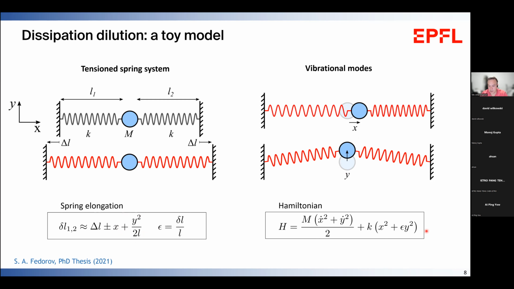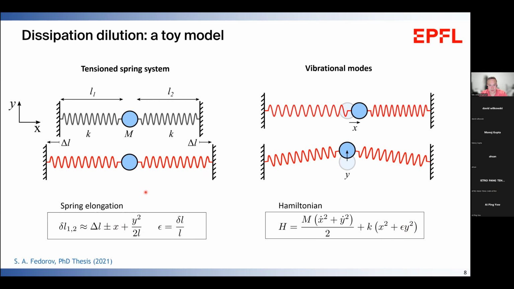We can write down the classical Hamiltonian of the system and see indeed that it is a harmonic oscillator in the case where there is some tension applied. So you should note that this Y mode is actually a floppy mode unless we apply tension on the springs.